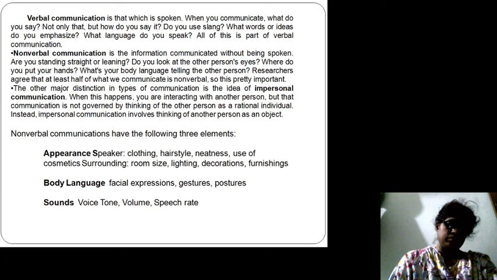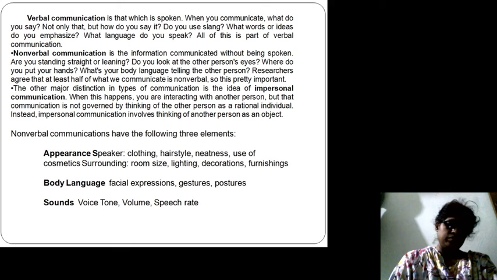The other major distinction in this type of communication is the idea of impersonal communication. When the communication is taking place in the offices, in the organization, in the business units, many times it is also known as impersonal communication.